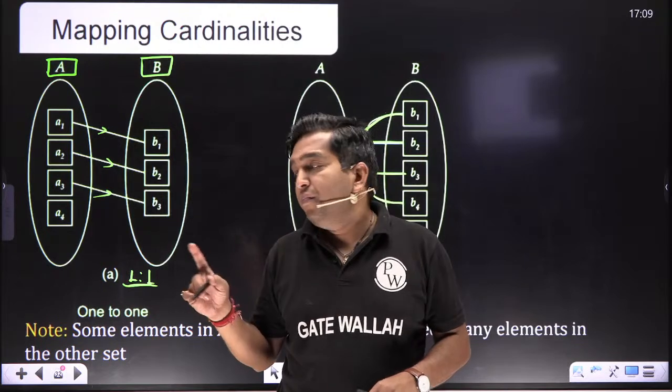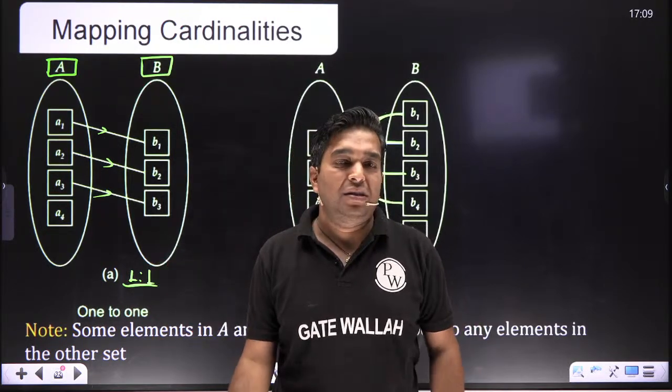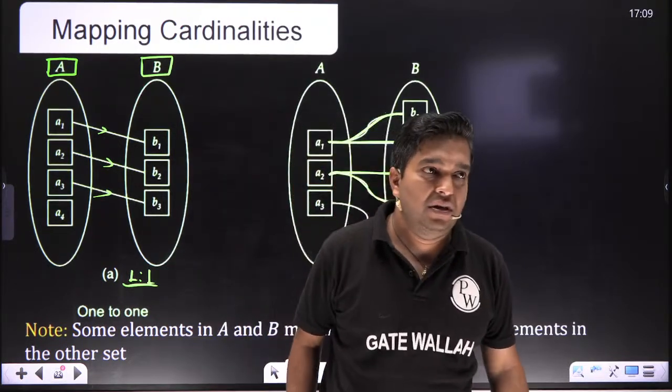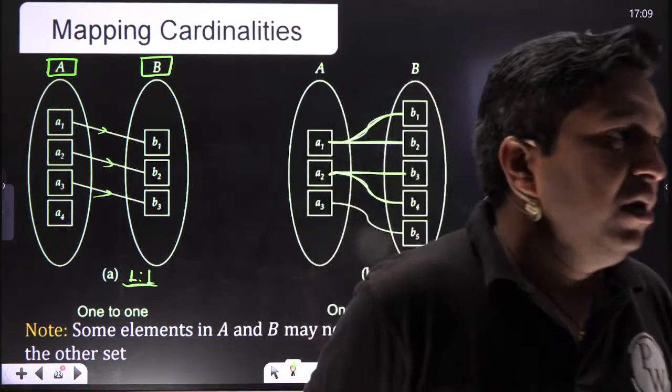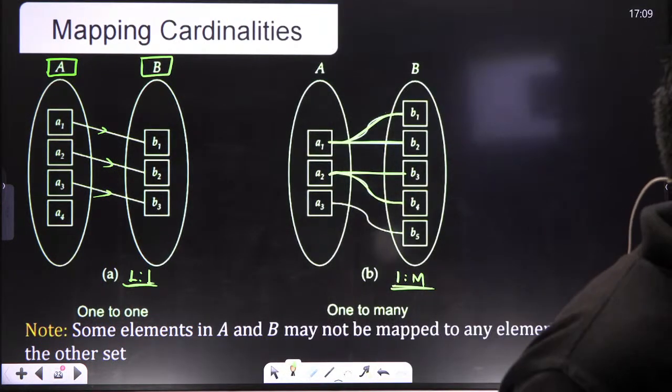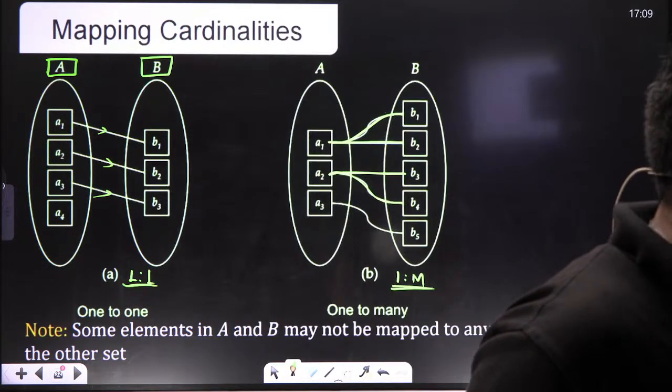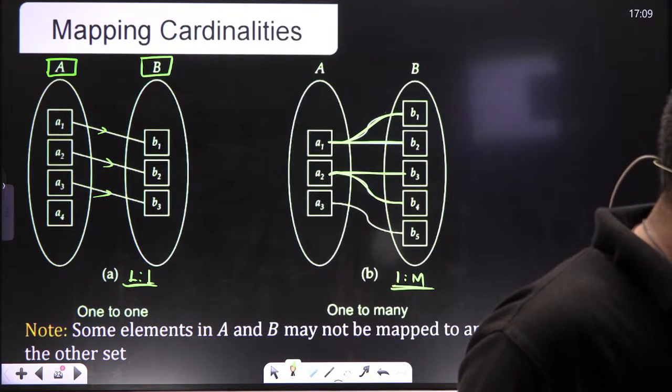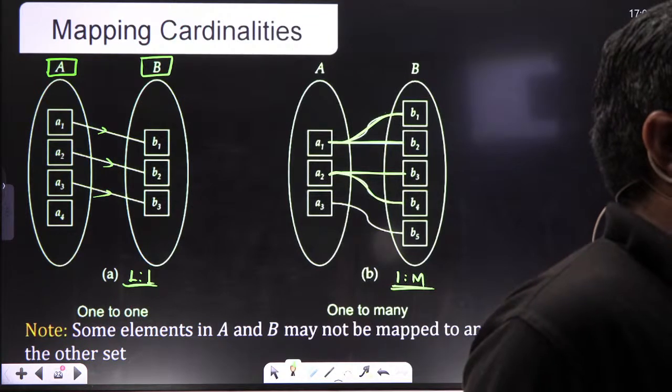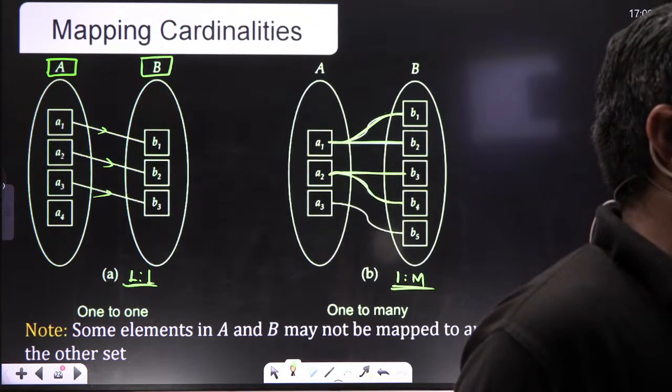In 1 to 1, where is the total participation and where is the partial participation? Let me know fast. Thank you, Jaideep.